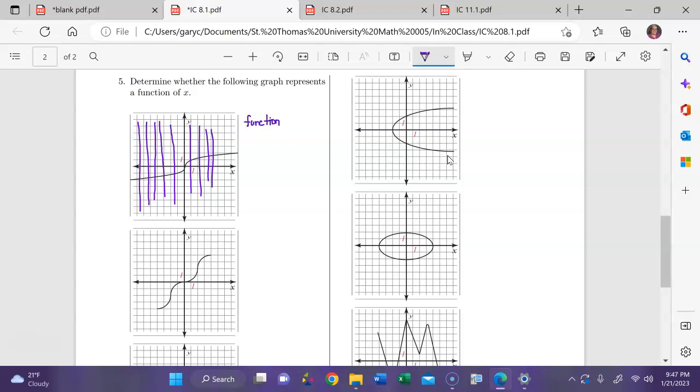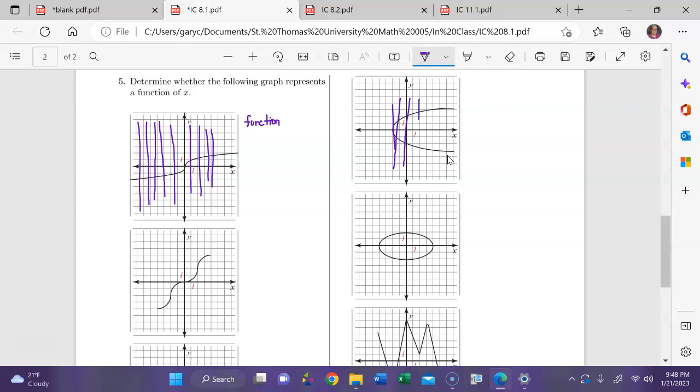Now, in this case, if I were to draw a vertical line here, we could mislead ourselves into thinking that this is a function, because at that point I only cross the curve once. But the second I move over to the right a little bit, now I've crossed twice.